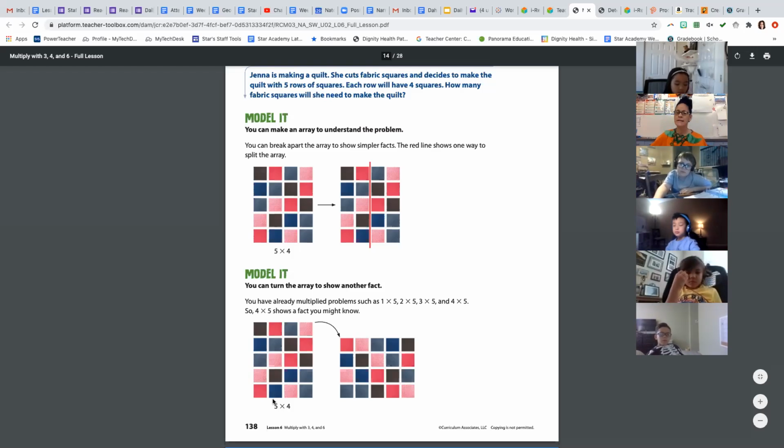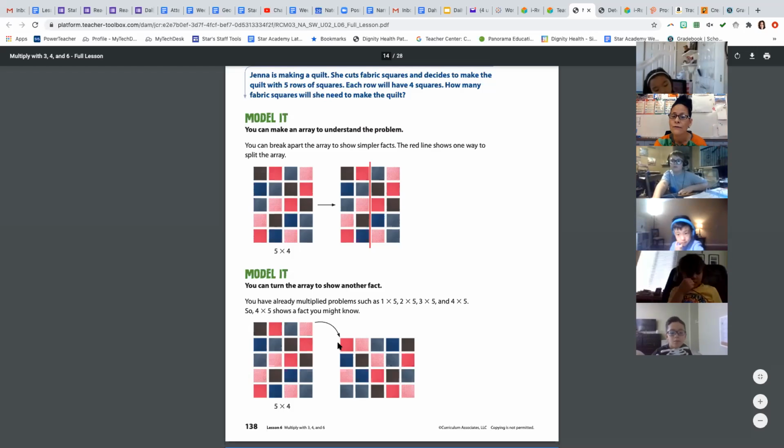So now, instead of 5 times 4, we are looking at 4, where my cursor's bouncing, times 5. Again, we went from 5 times 4 to 4 times 5. The amount is the same. It's just we've flipped the factors.